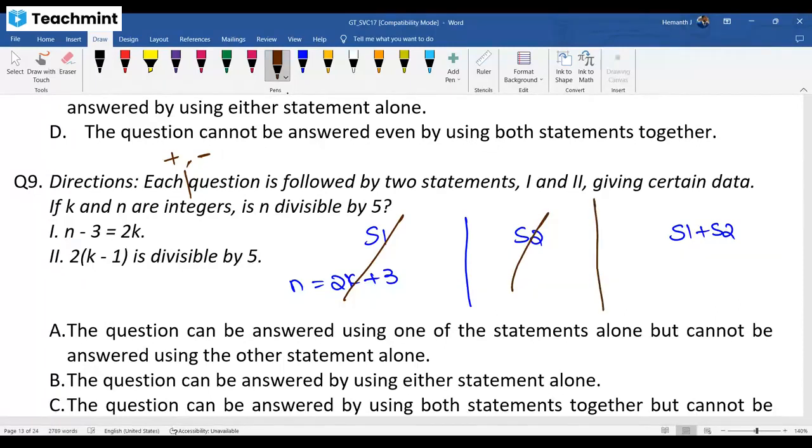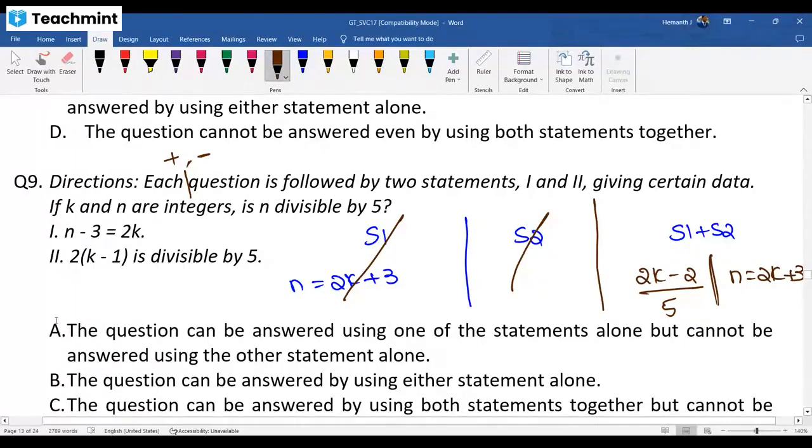Now think about them together. 2k minus 2 is divisible by 5, they have given, and n equals 2k plus 3. So when this number is divided by 5, if I add, what will be here? For sure 2k can be written as n minus 3.